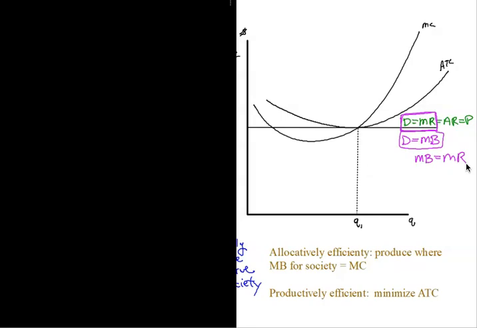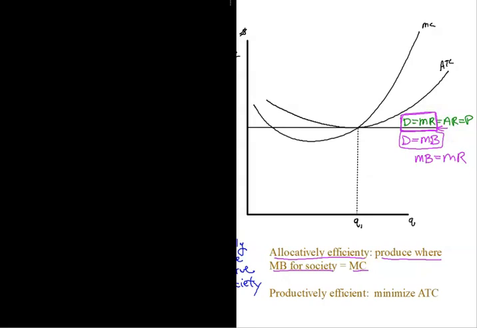Let's talk more about what that means. So what does allocative efficiency mean? Allocative efficiency means that the firm produces exactly where the marginal benefits for society are equal to the marginal costs. Well, where would that be? Well, the marginal benefits, which are the demand curve, that's this horizontal curve right here.